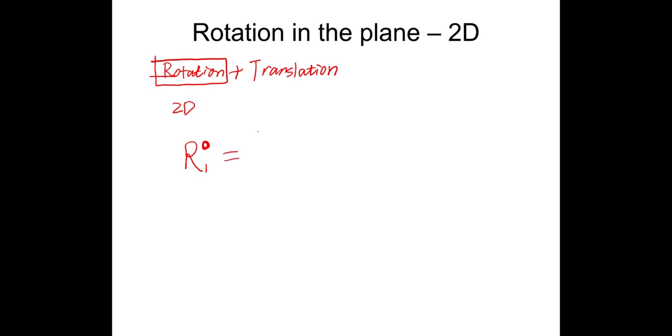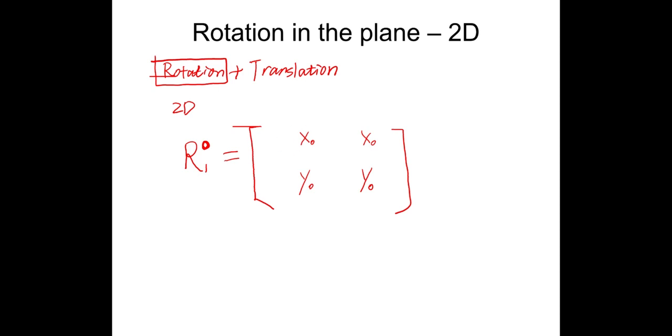So what is the rotation matrix R10? Here 0 is the base, or the reference. So it means R1 projected to the base, which is the reference 0. Then we can write it as x0, y0, x0, y0, because this is 2D, so this rotation matrix is going to have 4 terms.